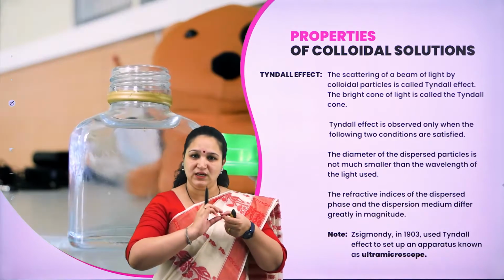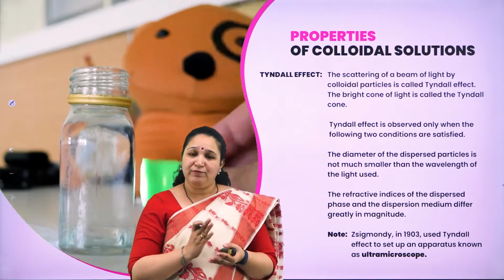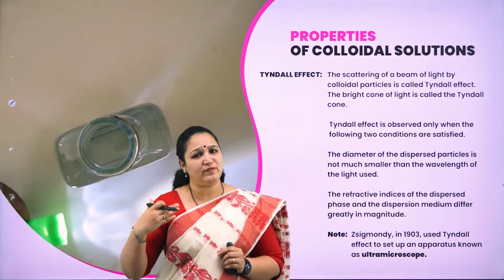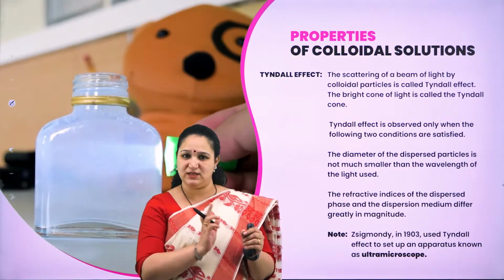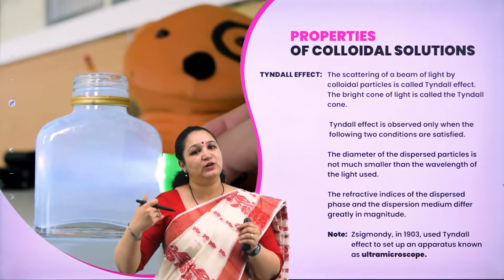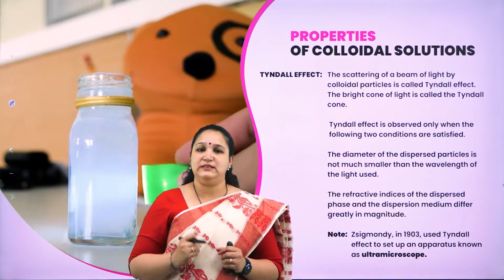You cannot see the path of light in the solution. And if we look into the true solution from the direction of incident light, it will look clear, and perpendicularly, if you look, it will look dark.